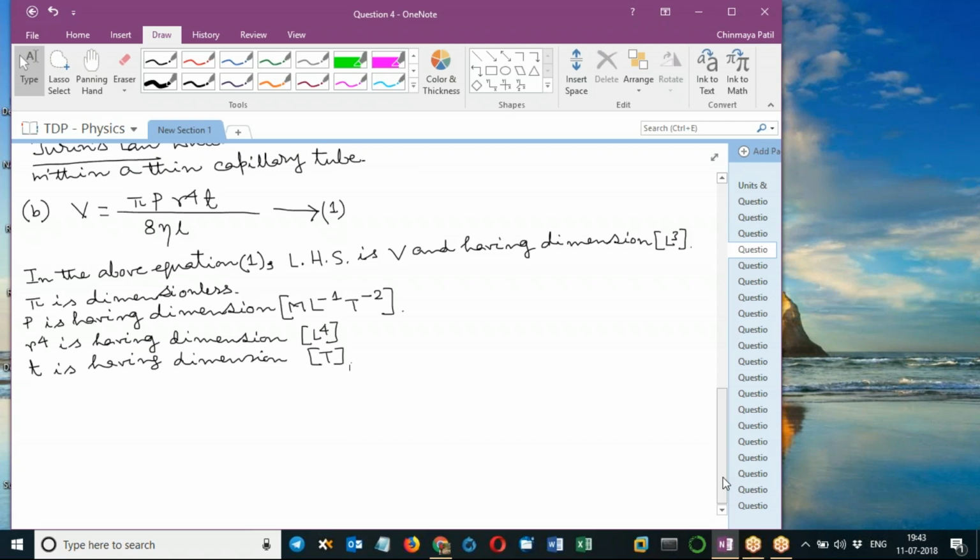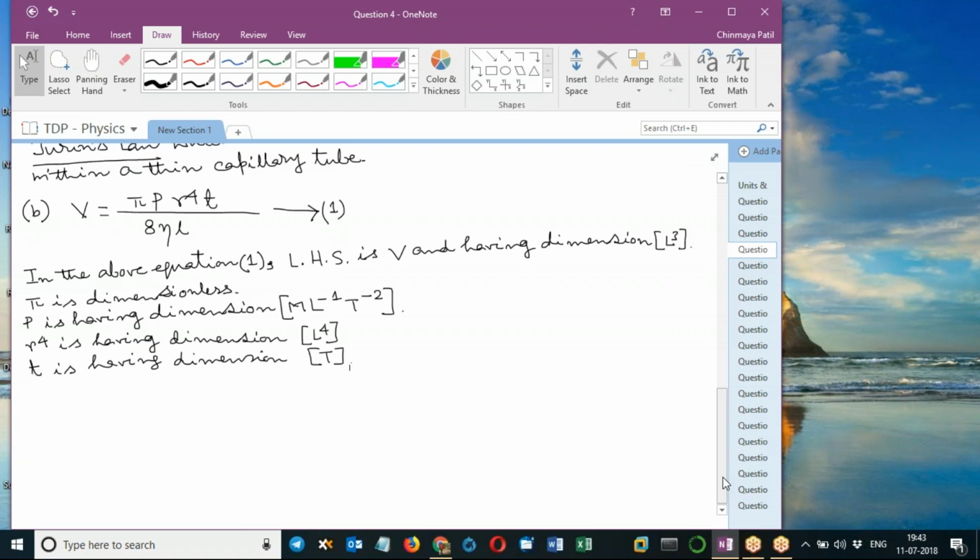Sir, it is pressure by acceleration. Pressure by acceleration, are you sure? What is pressure? Pressure is equal to force by area. And what is acceleration?